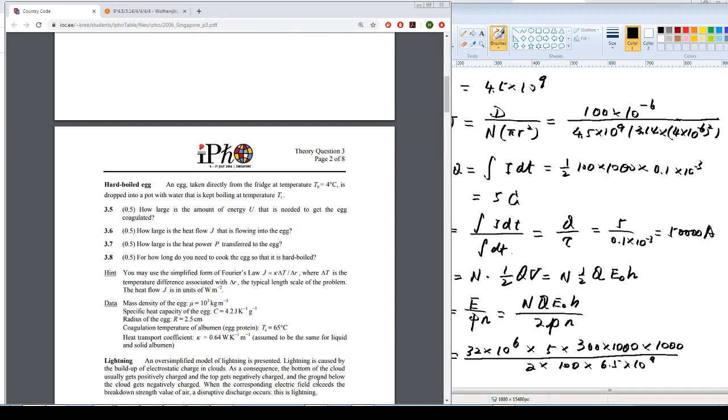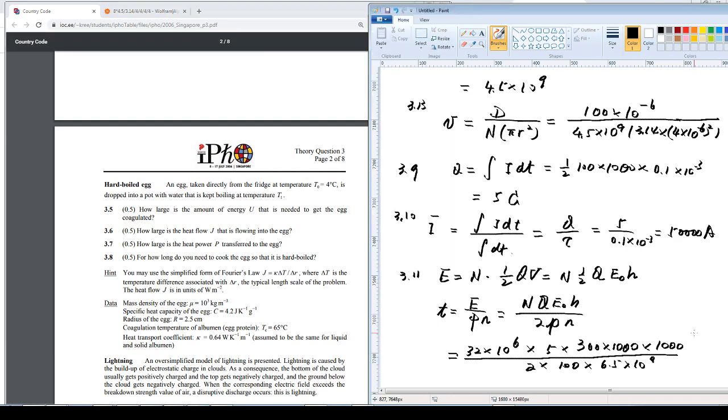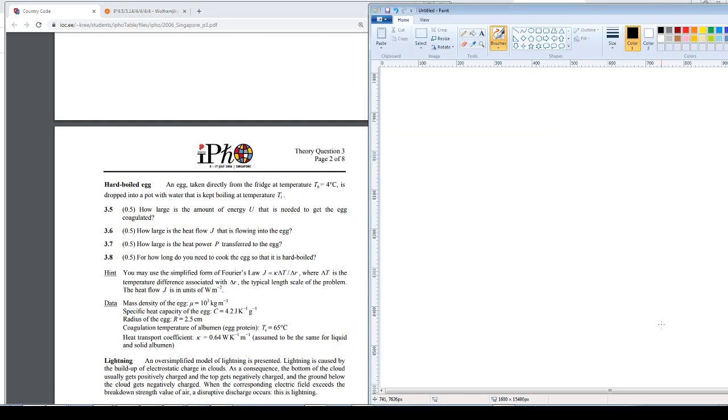So let's look at this one. This is a thermal problem.